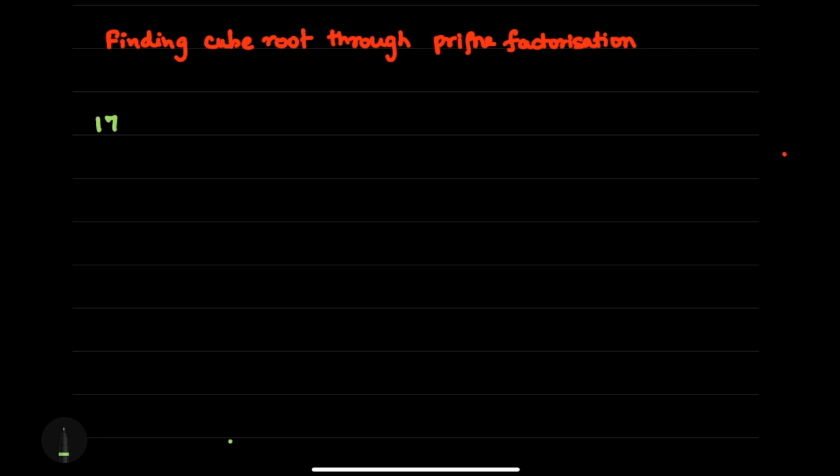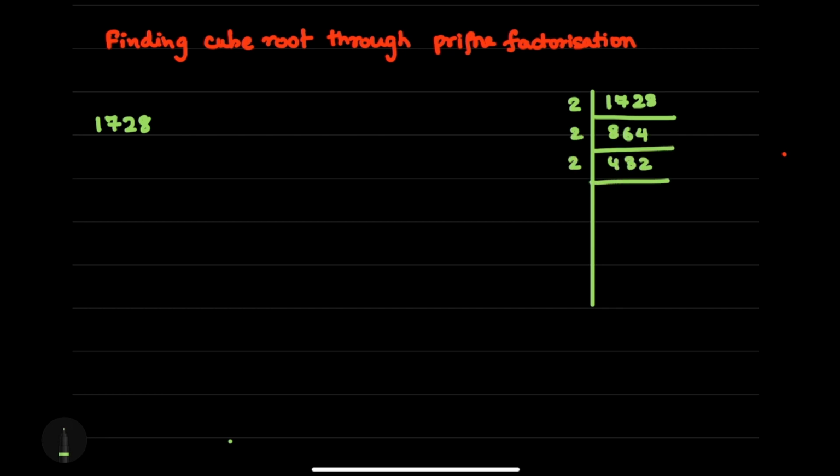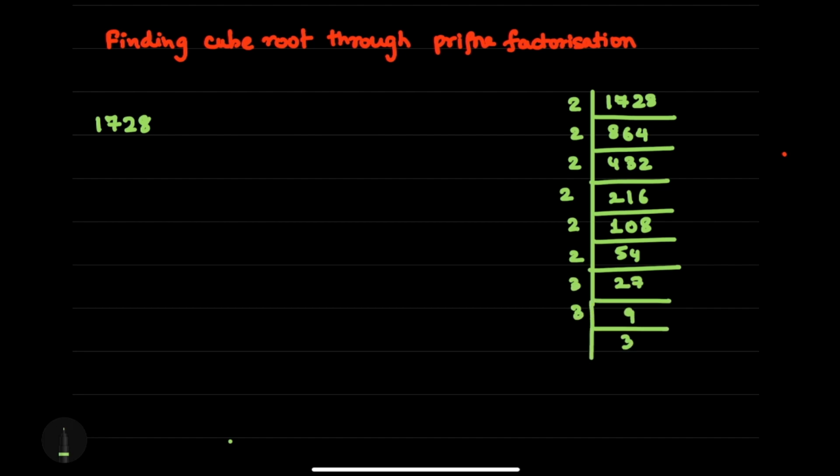Let's take the number 1728. In order to find the cube root, we'll first take the prime factorization as we do for square roots as well. 1728, we get 2, then we have 864, then 2 again, we get 432, 2 again, 216, 2 again, 108, 2 again, 54, 2 again, 27, then 3, 9, 3, 3, 3, and 1.